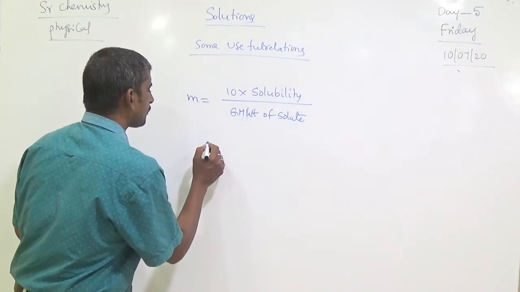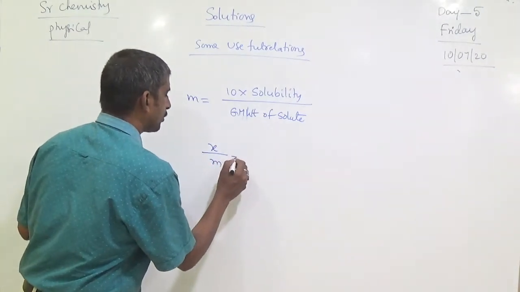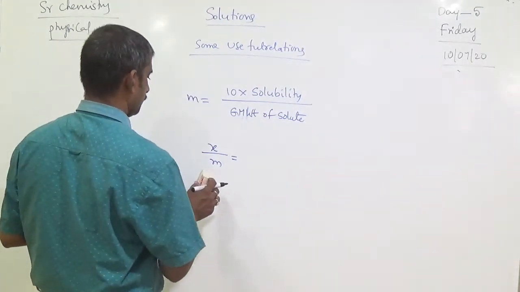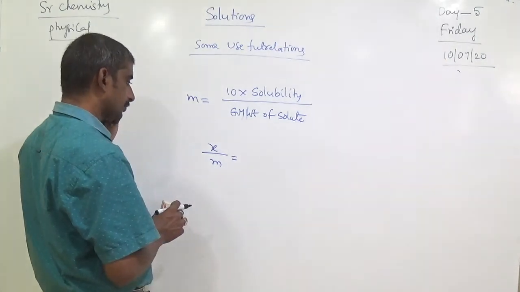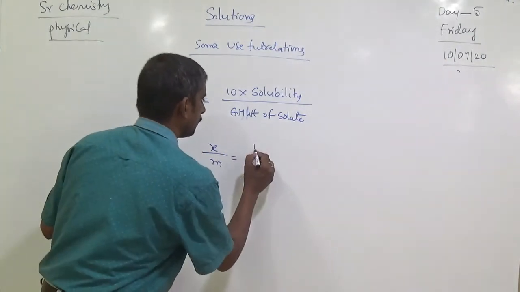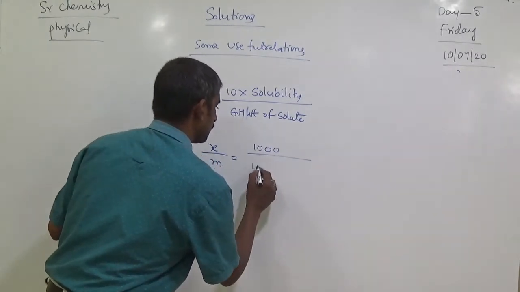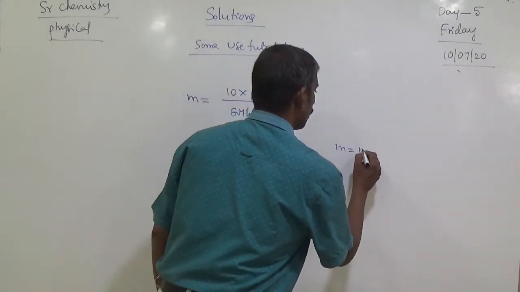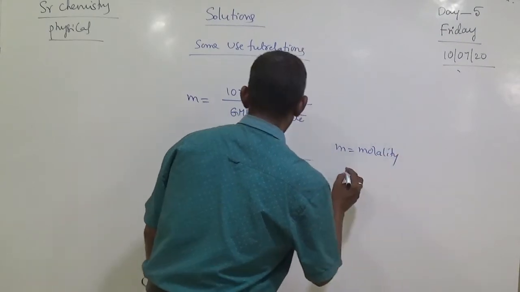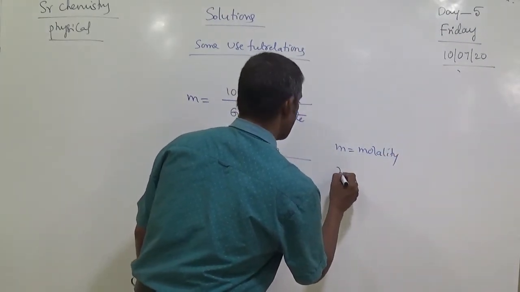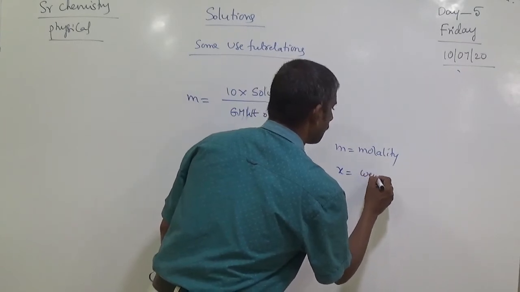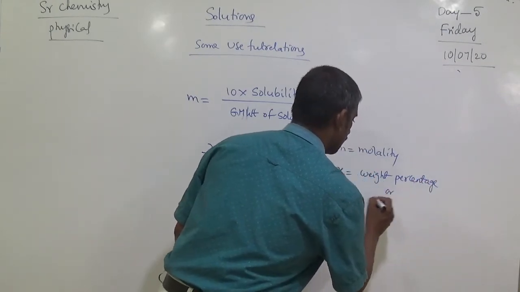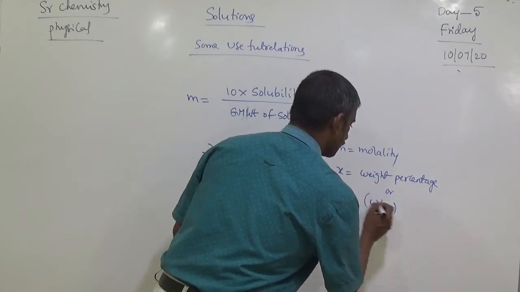Another relation: x by small m equals 1000 by 100 minus x. Here m means molality, and x equals weight percentage, or simply W by W percent.